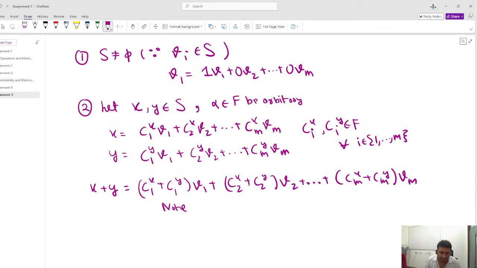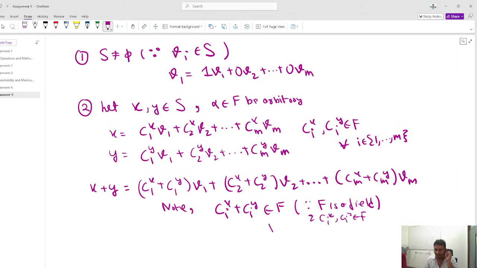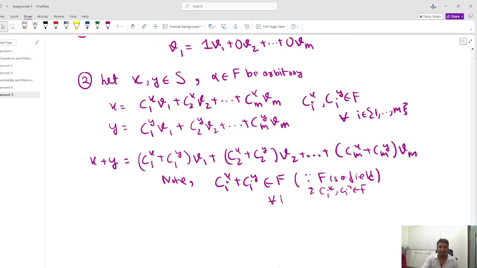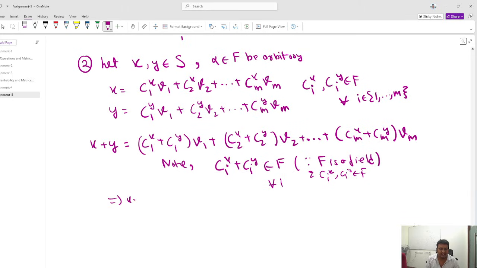Note that cix plus ciy belongs to F. I think you remember the definition of a field, right? F is a field, so it is closed under the addition operation. So in fact, this is also a linear combination, and this is happening for every i. So this implies x plus y also belongs to the span, which we have named capital S.